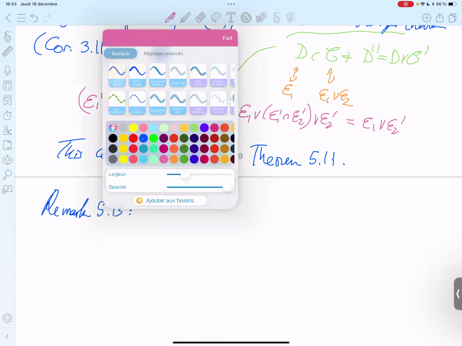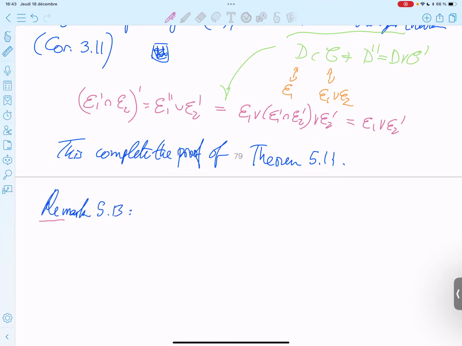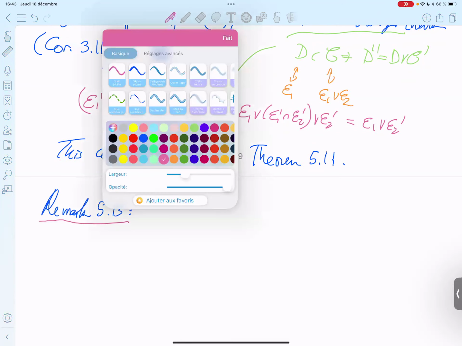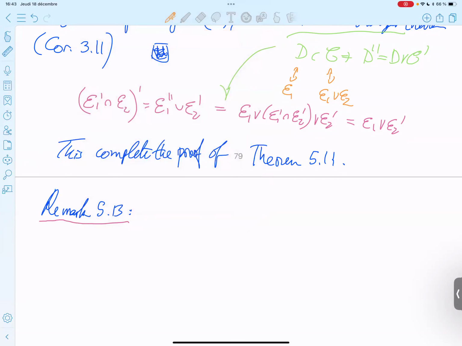I checked, in fact, it was not used elsewhere. So it's just a remark that we can prove something more general, but we don't need to spend too much time. It will not be used later. So let's go quickly.